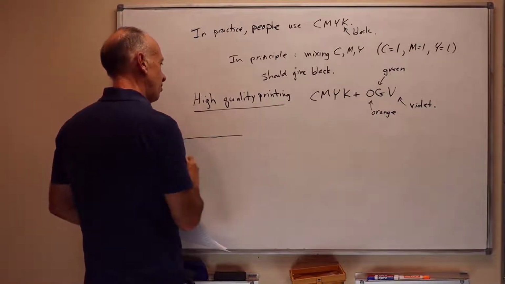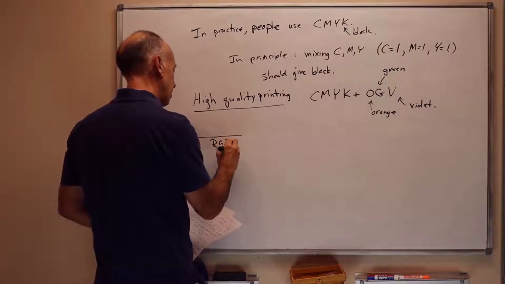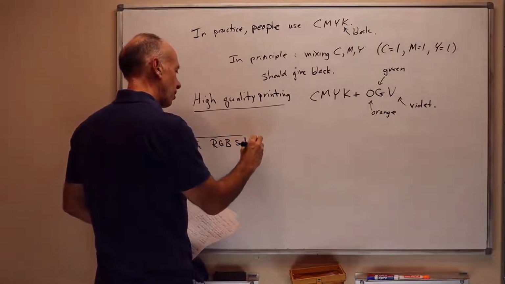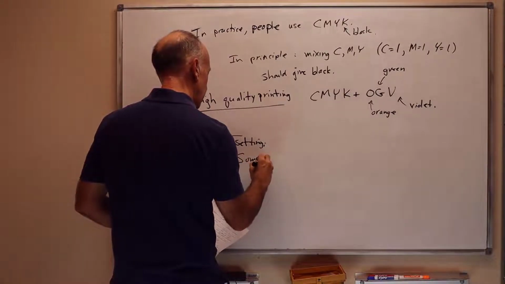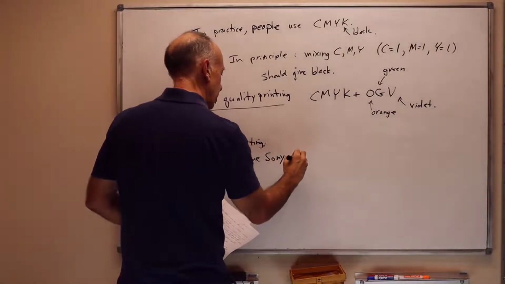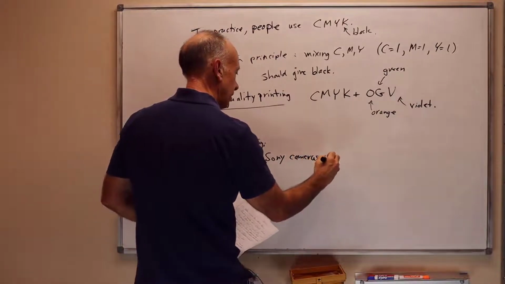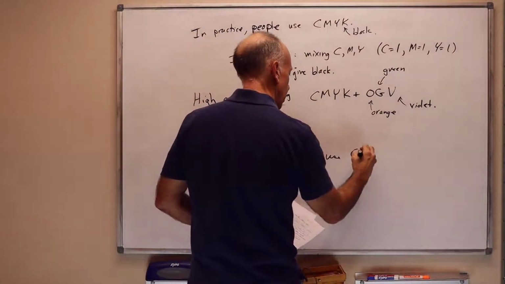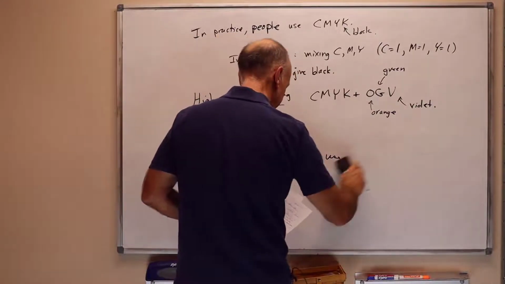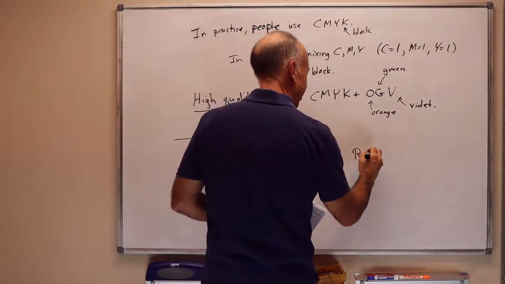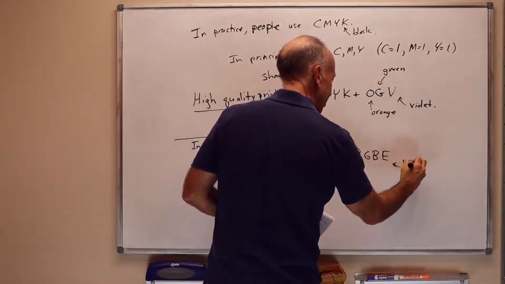This is also used in the RGB setting. In the RGB setting, there are also various extensions to more colors. So, for instance, some Sony brand cameras use 4 colors instead of 3. They use RGBE, where E stands for emerald.